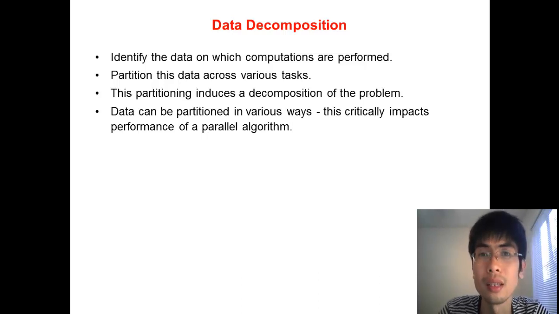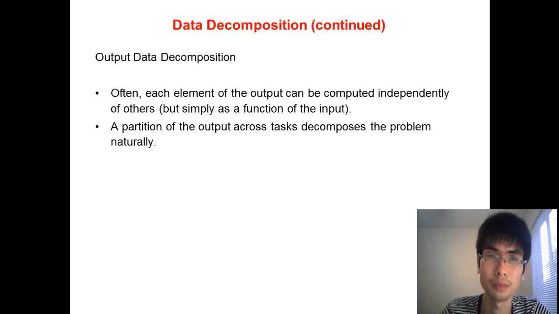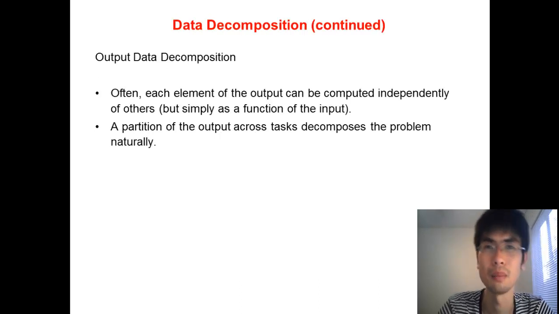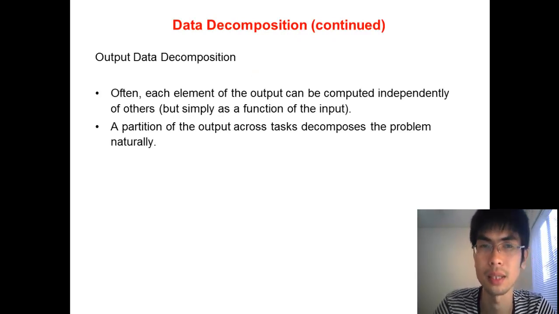Data can be partitioned in many ways, and the techniques we choose will critically influence the performance of the parallel algorithm. For data decomposition, we can use one strategy called output data decomposition.